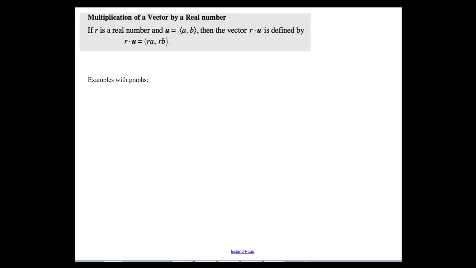What about multiplication? Well, for now, we're only going to be talking about scalar multiplication. And scalar multiplication is when you take some vector u, and we're going to multiply it by some constant value r, where r is some number. So what does this look like? Let's say r equals 2, and u equals 3, comma 7.